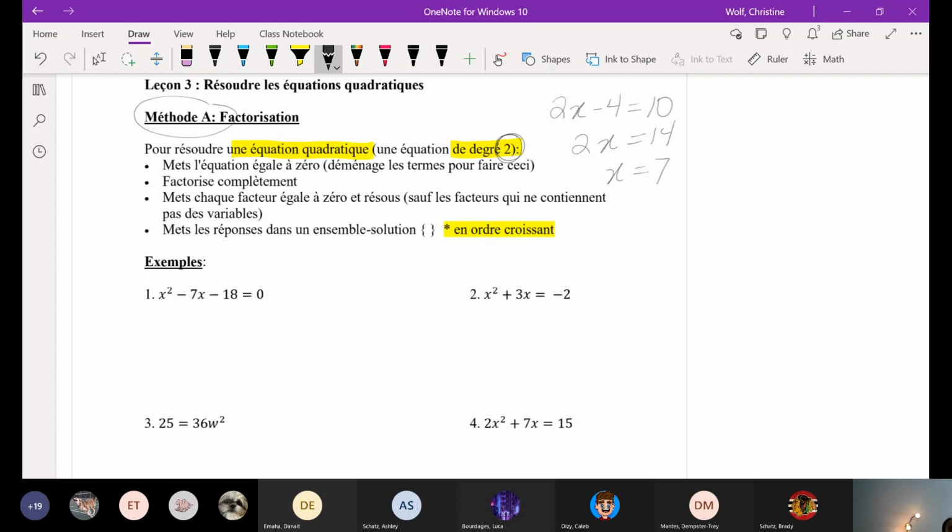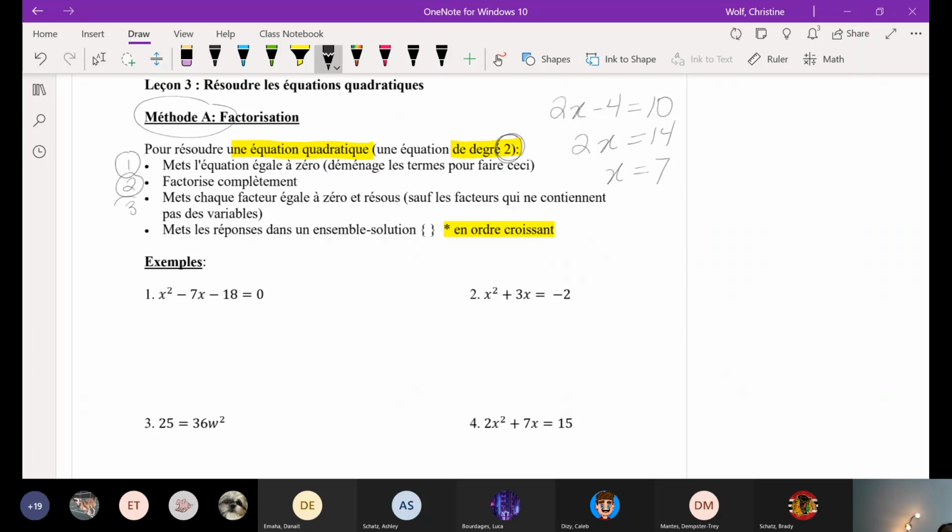So, ce qu'on fait, première chose, on met l'équation égale à 0 et on déménage les termes pour faire ceci. So, we want everything on one side of the equation and the other side equaling 0, okay? Ensuite, une fois que c'est comme ça, on factorise complètement. Une fois qu'on a fait ça, on met chaque facteur égal à 0 et résout.